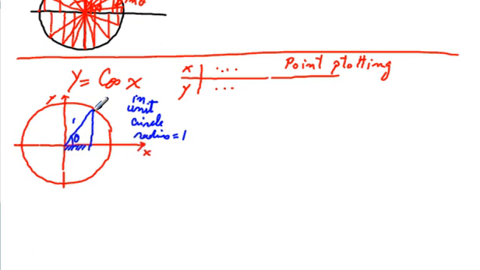Next issue, you say if I'm dealing with this unit circle, the adjacent that I'm using is just the x coordinate of this point.